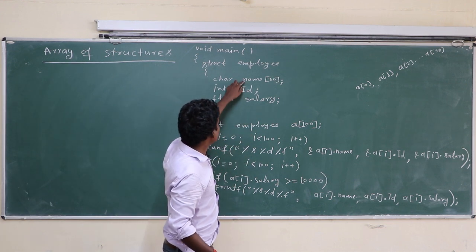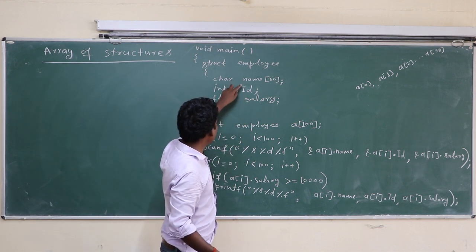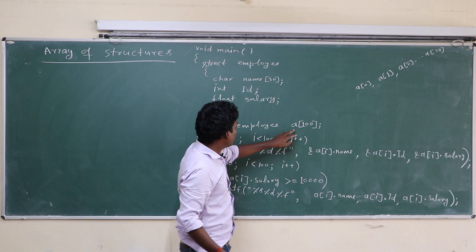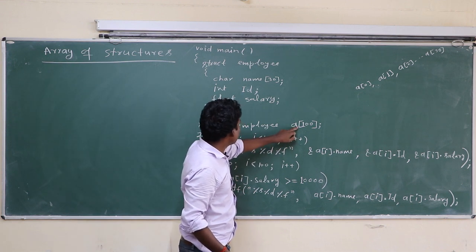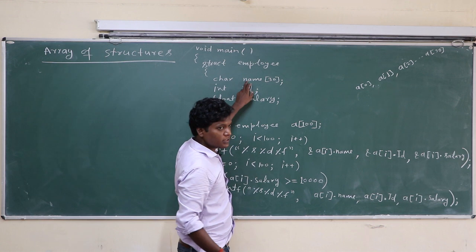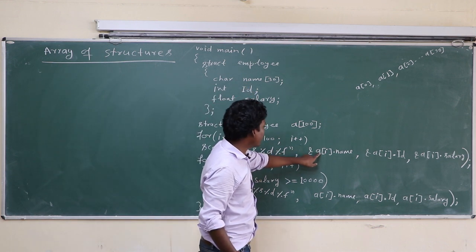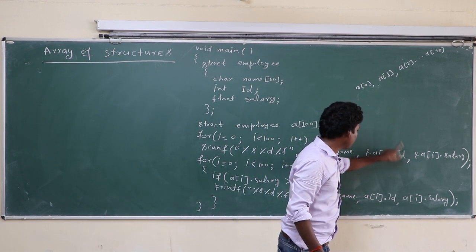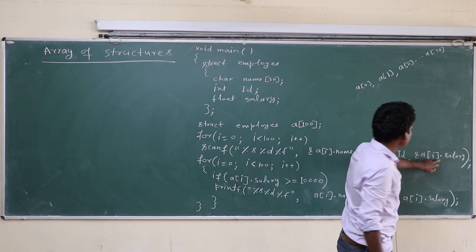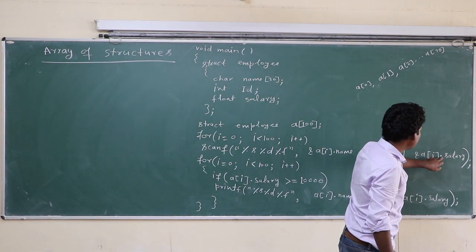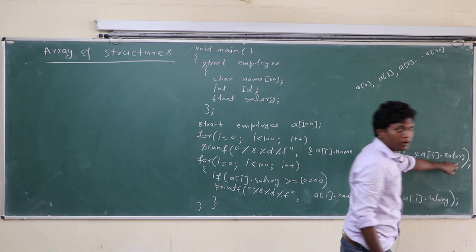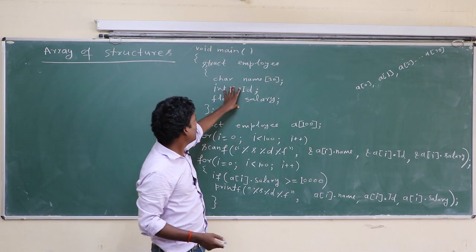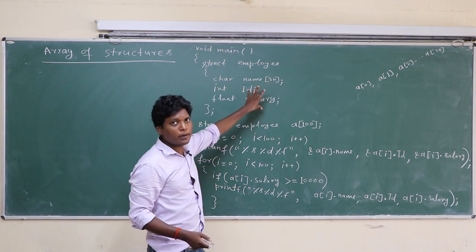When we access the members or elements of a structure, we use the variable, dot operator, and the name of the member. This is the structure variable, this is the dot operator, and this is the structure member.